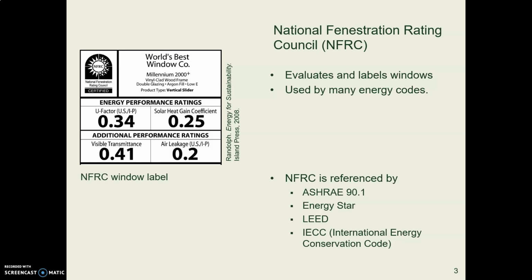And the National Fenestration Rating Council standards are included by reference in various codes and standards, including the Energy Code and ASHRAE 90.1, which is the Building Energy Standard, LEED, and the Energy Star from the U.S. government.